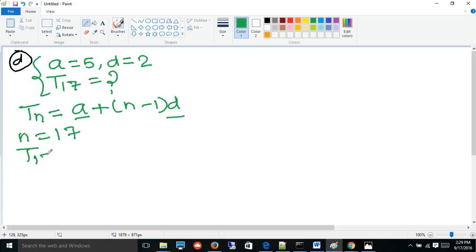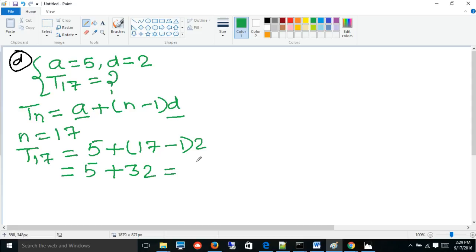So we will get T17 equal to A, which means 5, plus 17 minus 1 into 2. So what will we get? 5 plus 17 minus 1, that is 16, and 16 into 2 is 32. So we have 37. So we got the value of T17.